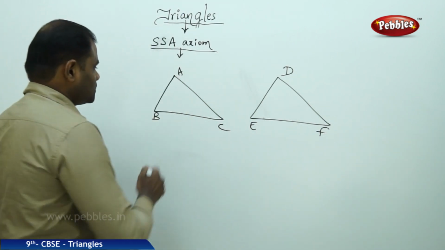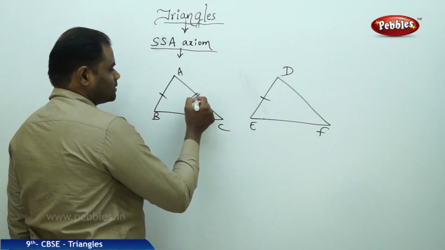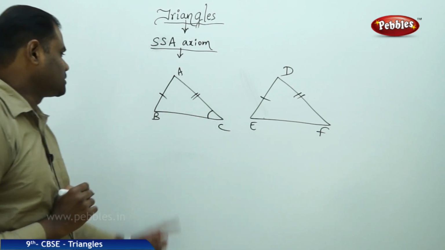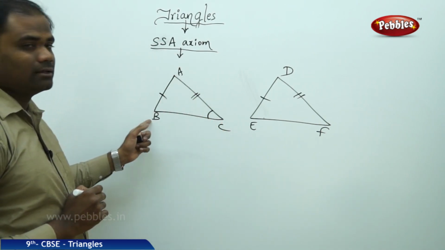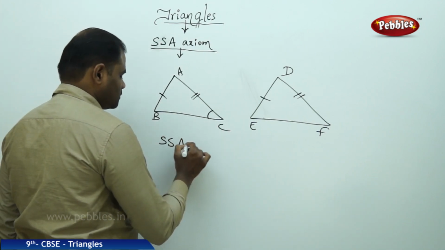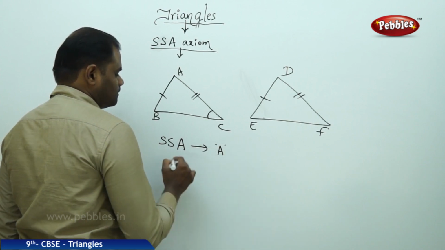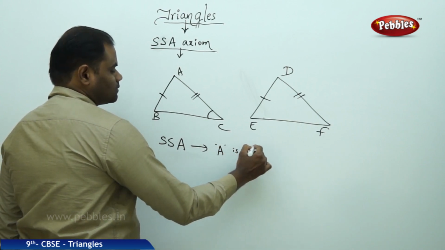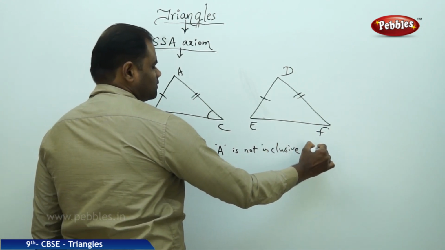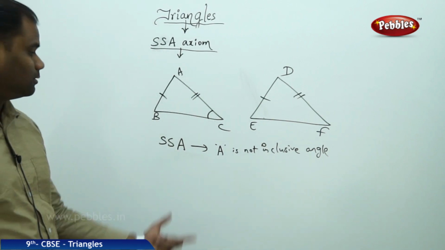SSA means if the side AB equals this and my side AC equals this and one of my angles is this, then I say side, side, and angle, where the angle is not included. A is not the inclusive angle. Then let's see if the congruency holds.